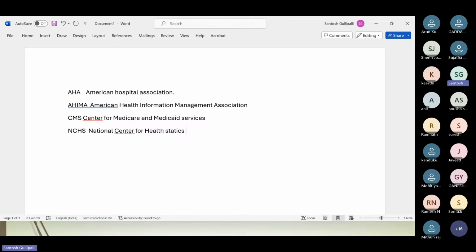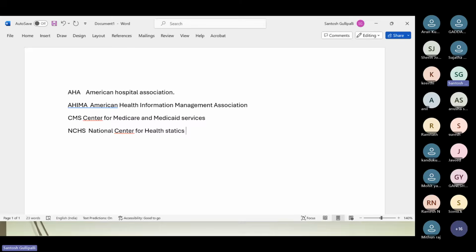Basically, these four cooperative bodies maintain ICD-10 CM, CPT, and HCPCS. Not ICD-10 PCS.